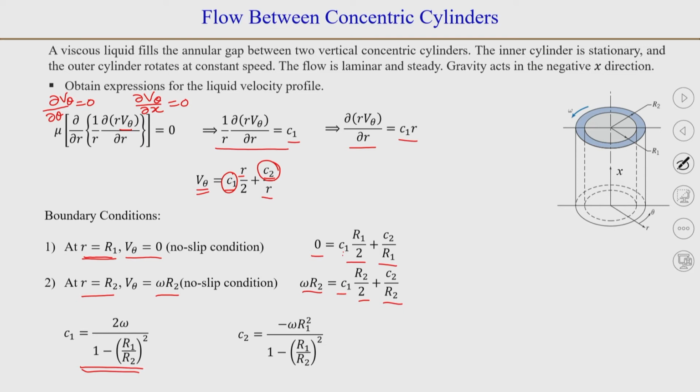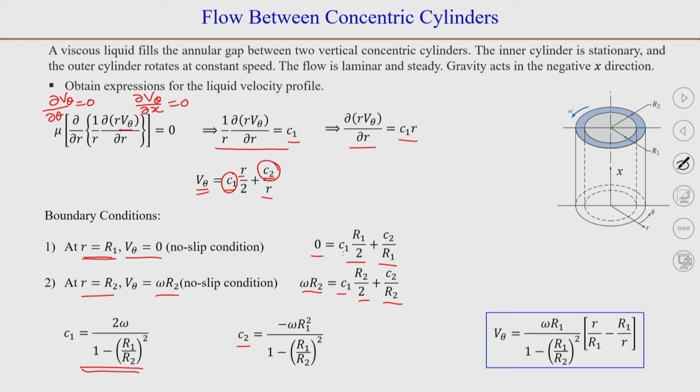Once you get C 1, you can find C 2, which is equal to minus C 1 into R 1 squared by 2. Then you can find the equation after substituting the values of C 1 and C 2 in this equation.